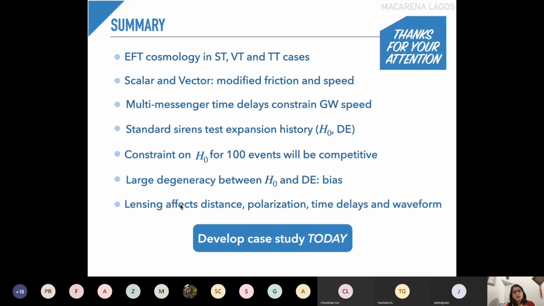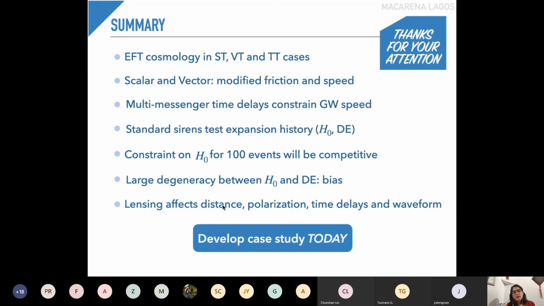So yes, you do expect it to be degenerate. Now, one difference is that lensing would only affect some of the sources, whereas dark energy is this fundamental property of your universe that should affect all the sources. So possibly that could help you. But a question that is actually open nowadays is, how do you actually know if your event was lensed or not? That's the first question. And there's not a clear answer for that yet.